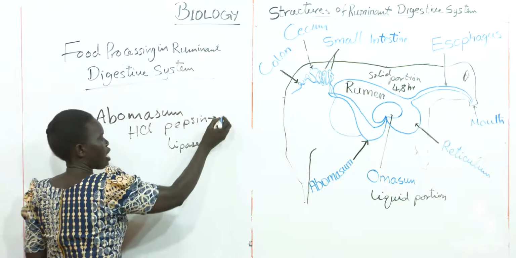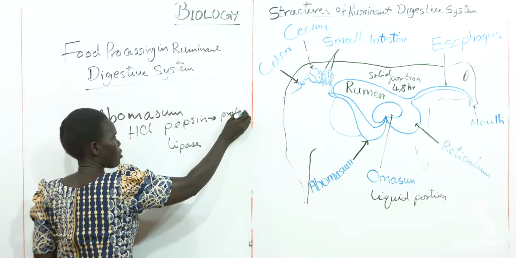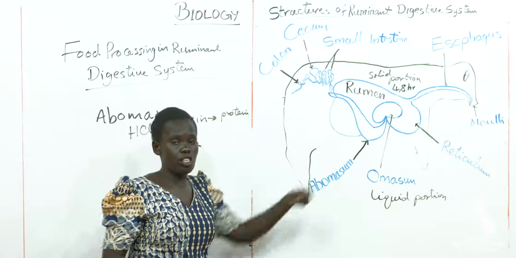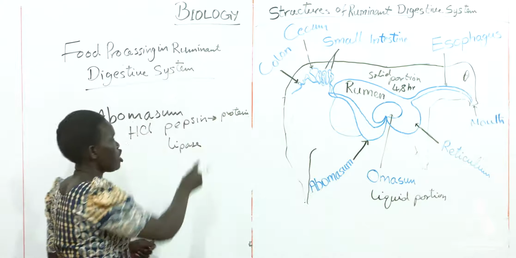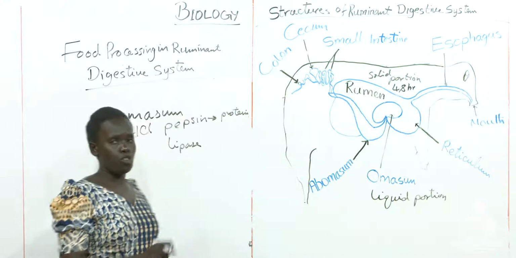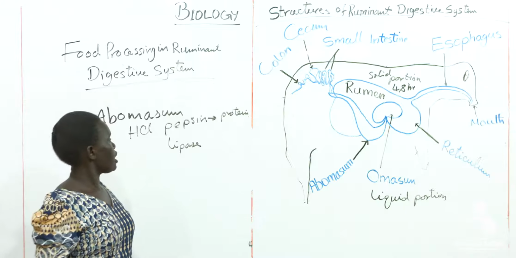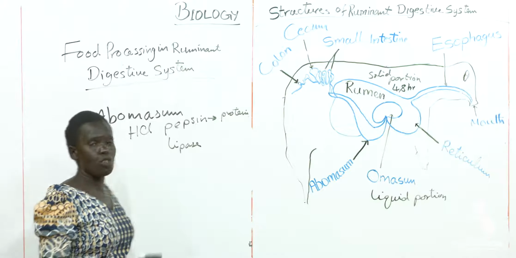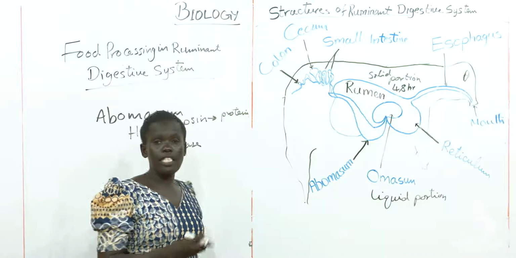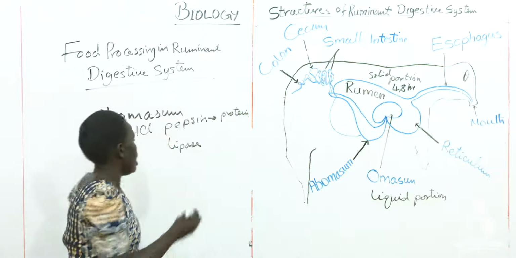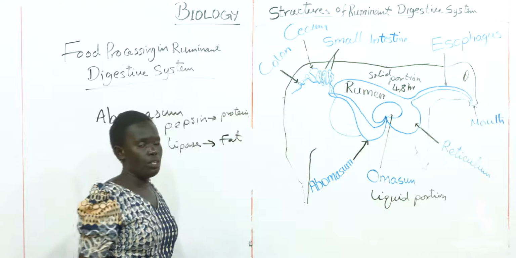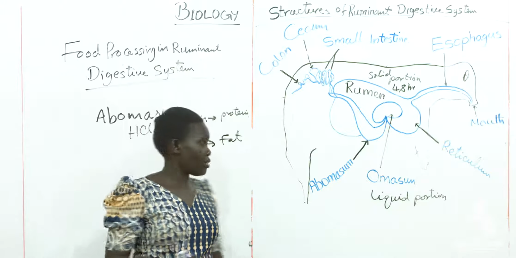Pepsin breaks down the protein, because the plant taken by this animal as food contains protein, and this protein cannot be accessed immediately like that. It should be broken down into the smallest units, that means into amino acids, so that the cell can access it. Lipase is to break down the fat into fatty acids, which are the smallest unit of fat.